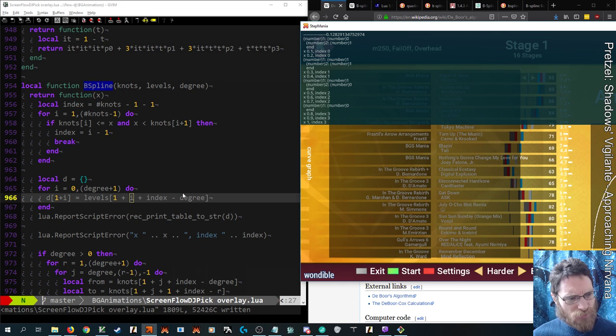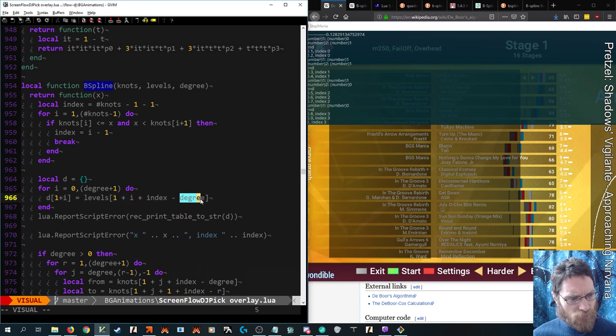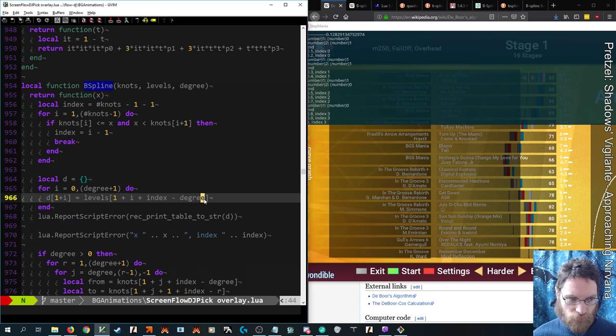Wait, shouldn't this have... Yeah, minus degree is supposed to be the offset for how many padded things there are. There are no... It's degree 0, so it's not padded by anything. So knots should be 1 longer. Zero, 1, 1, 1, 1, 0.